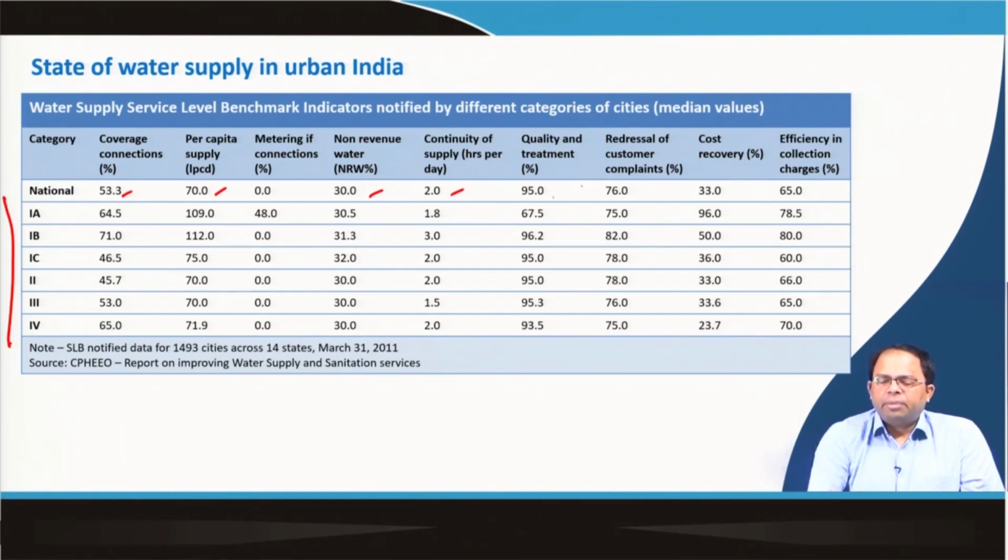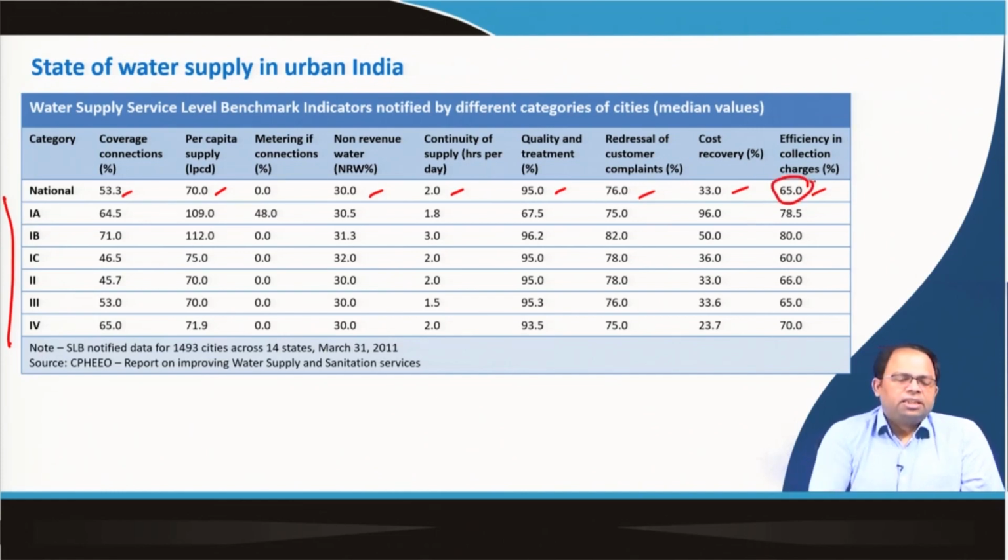For quality and treatment, around 95% of the water is actually treated. Around 75.76% of customer complaints are redressed, 33% of the cost is recovered, and in terms of efficiency, 65% of the billed water is being collected as charges. So, this is the efficiency of collecting charges.